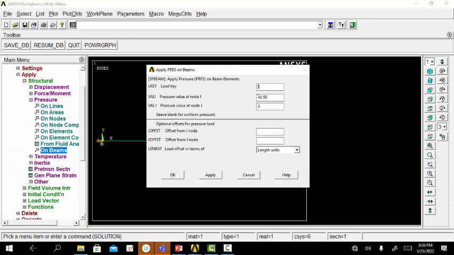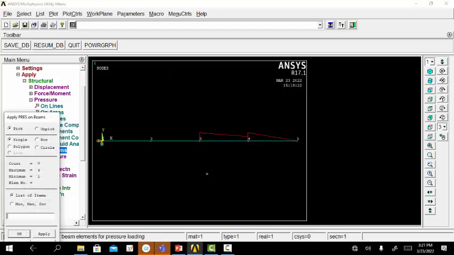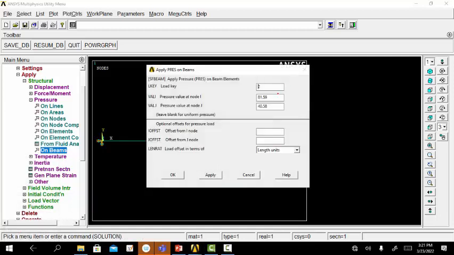Then choose the next element. Okay, load key is 2. So now at the considered element, at the ith node, the uniformly varying load's value is 81.59, and at the jth node 40.58. Next select the next element. So already we have calculated this uniformly varying load for the ith and jth nodes of all the elements.